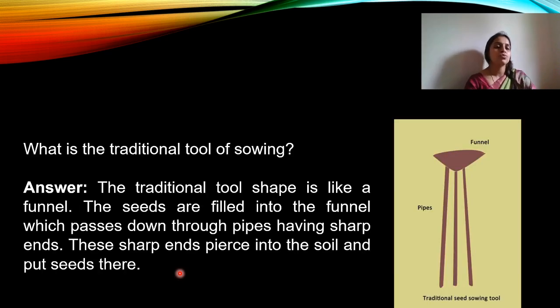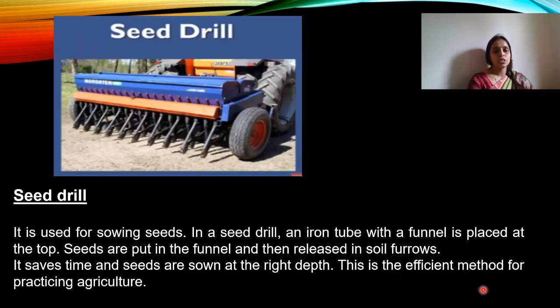Coming to the traditional tool. There is a traditional tool for sowing. The shape is like a funnel, and the seeds are filled in this funnel, which then pass through pipes that have sharp edges, and these sharp edges pierce the soil. That's how seeds are placed in the soil. Coming to the seed drill, it's mainly used for sowing seeds again.